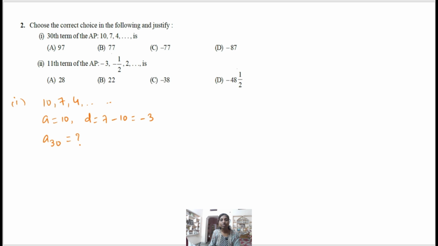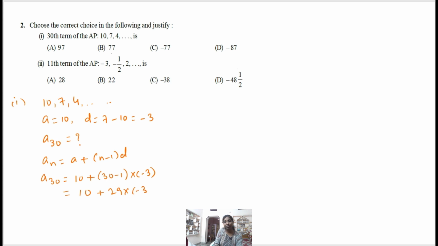So here we should use the nth term formula, which is an equals a plus n minus 1 into d. Here we need to find a30. First term is 10 plus n is 30, so 30 minus 1, and d is minus 3. So 10 plus 29 into minus 3.